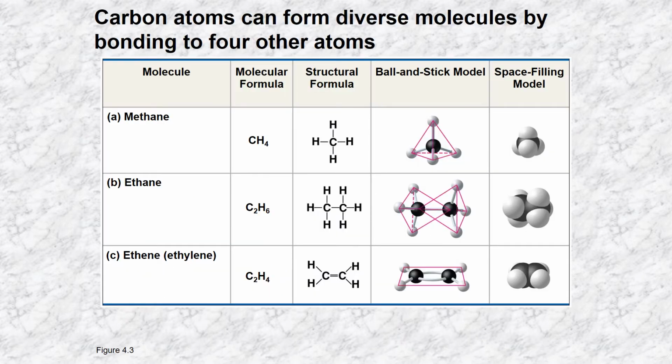Now, looking at some of the skeletons carbon can form, we see methane. Methane is just CH4, so it's carbon with four hydrogens attached to it, and you can see that tetrahedral shape. If you put two carbons together, we have ethane. They look like they're tilted on their side.